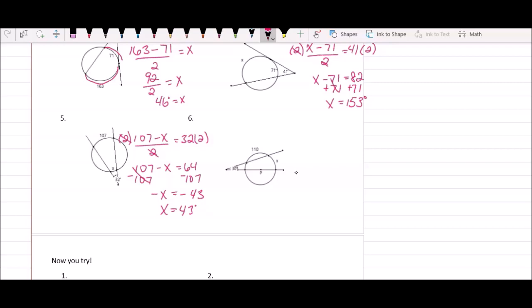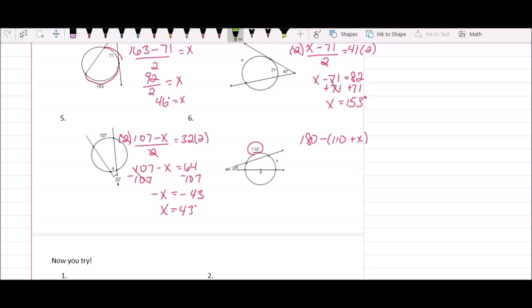So x would be the outer arc, and the inner arc, we don't know what that is, but we're going to use this fact that this part is 110 to help us out. So if this is 110 and this is x, the other piece of the inner arc is going to be 180 minus 110 plus x.